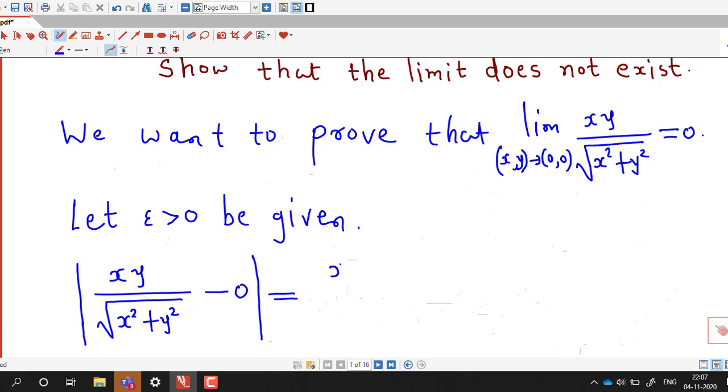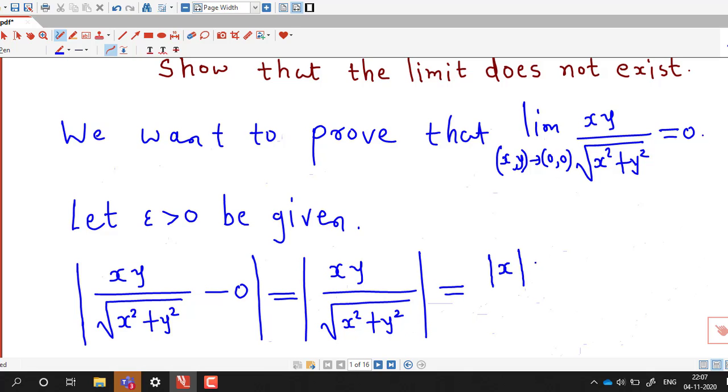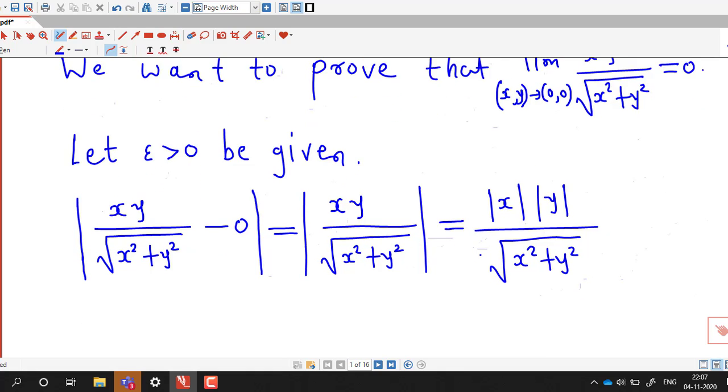Now this is nothing but absolute value of xy over square root of x square plus y square. This we can rewrite as absolute value of x into absolute value of y over square root of x square plus y square, and square root of x square plus y square is non-negative, so we keep it outside modulus.